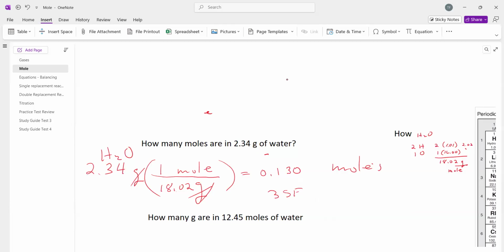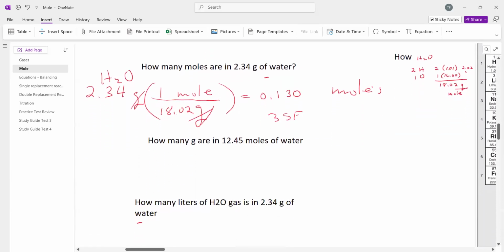A one stepper. Normally, for stoichiometric problems, normally there are 3 conversions you're going to be doing. And one of them comes from the balanced equation. Okay, how many grams are in 12.45 moles of water?